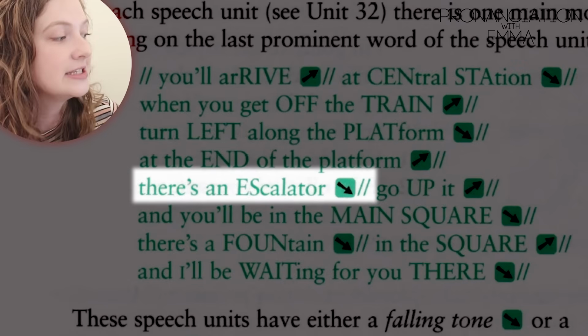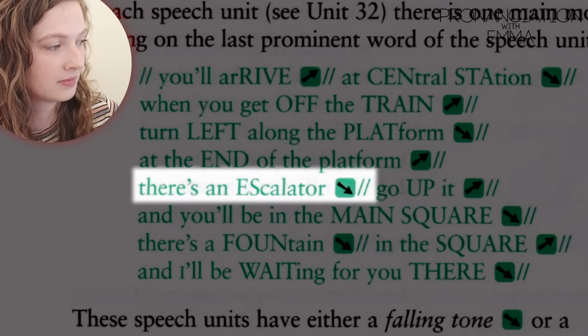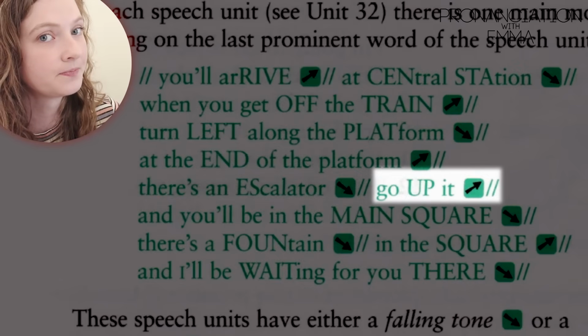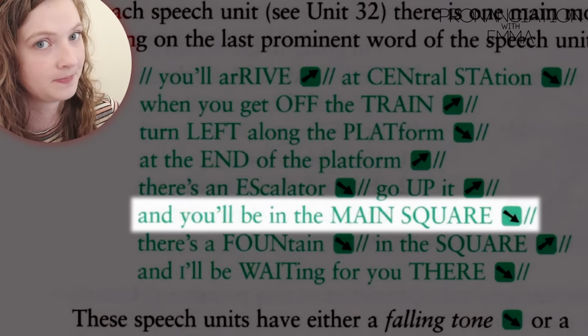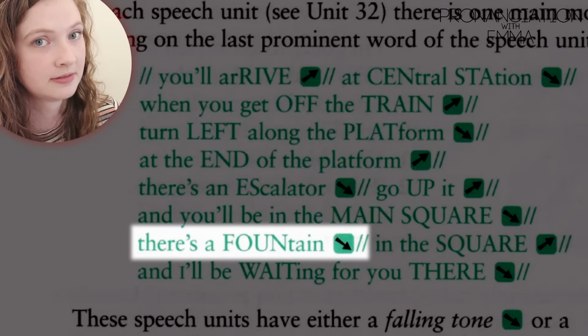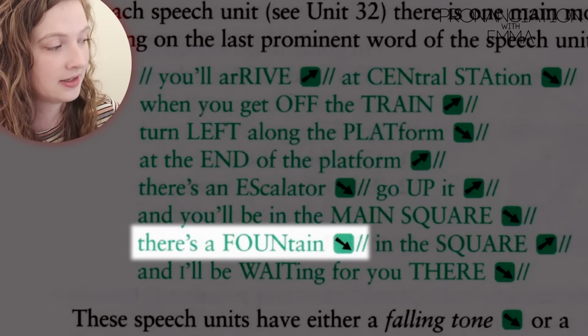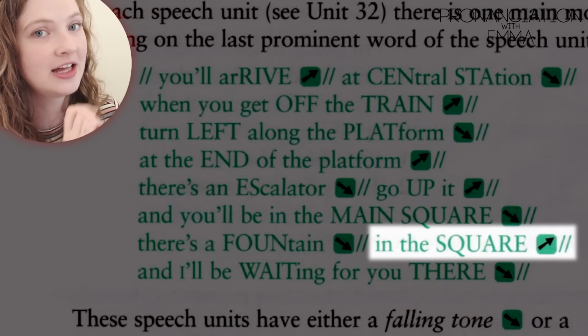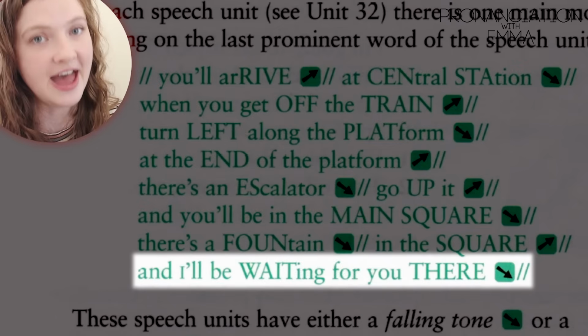Escalator, not escu or esca, but escalator. Go up it, and you'll be in the main square. There's a fountain, yeah, fountain, in the square, and I'll be waiting for you there.